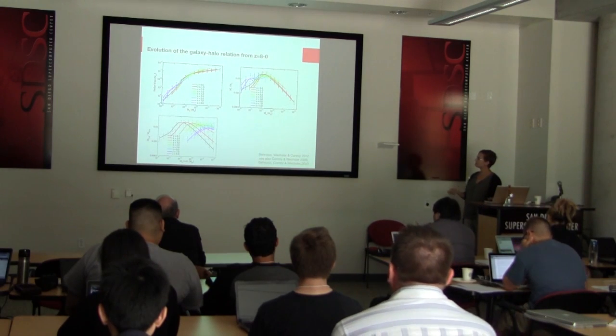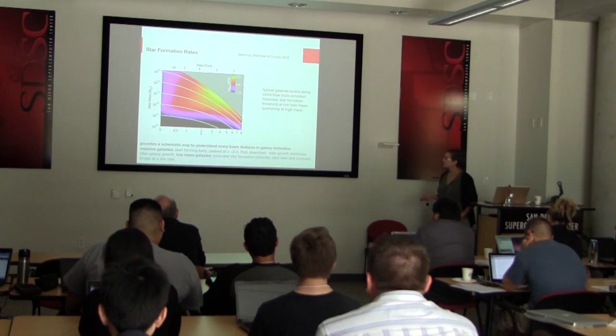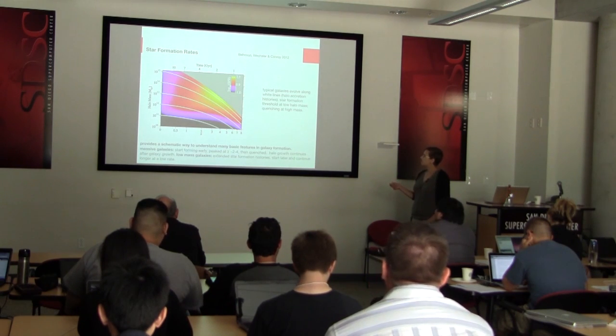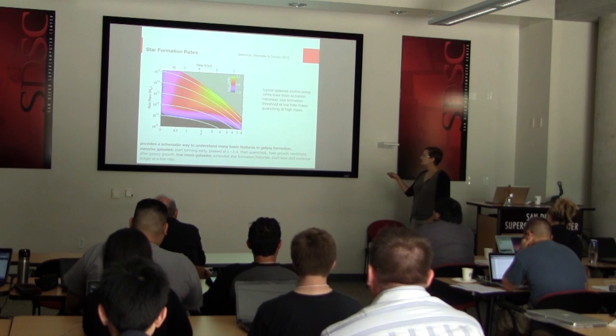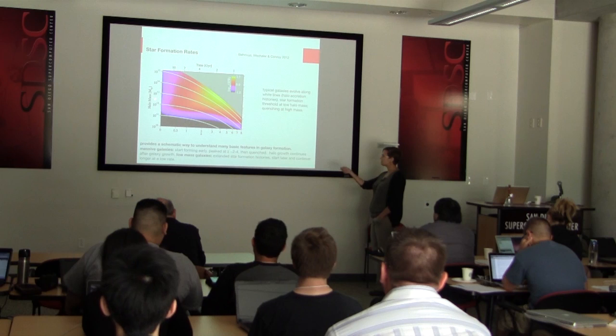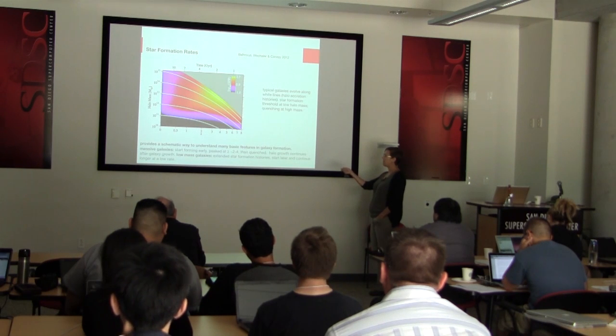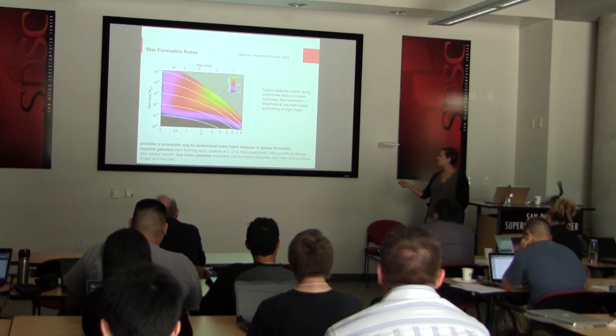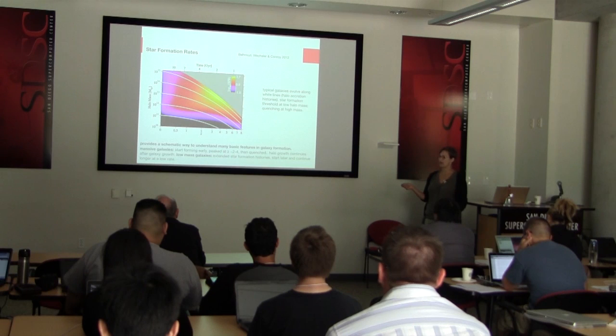So we get not only this connection, but we get some information about the star formation histories of galaxies. What this plot shows, the color corresponds to the star formation rate of galaxies at a given halo mass and redshift. The typical trajectory of a galaxy goes through these white lines. Those are the average accretion histories of dark matter halos.